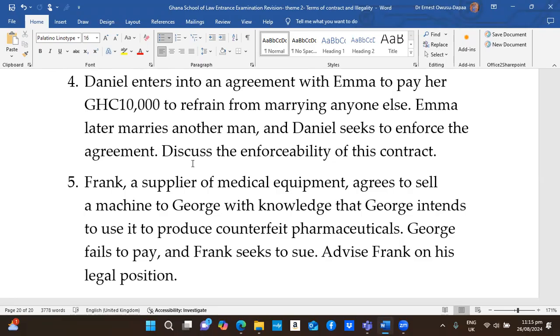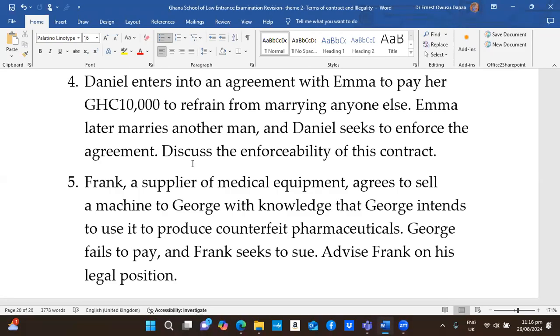Any attempt? Okay, so His Lordship, please, the area of law is contract against public policy or illegal contract. Okay, so what's the issue?